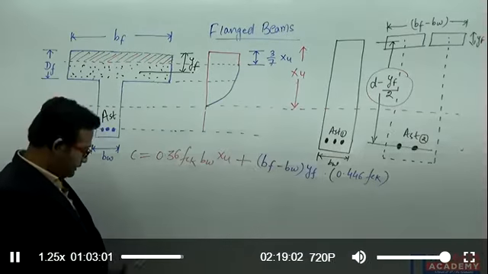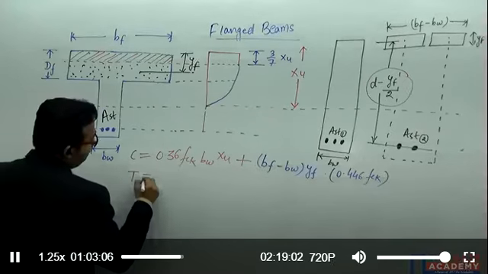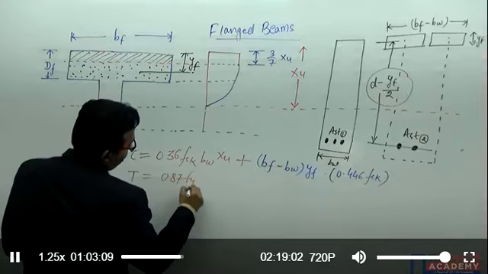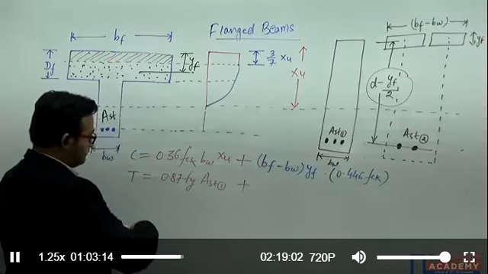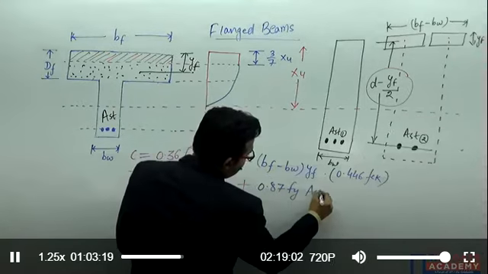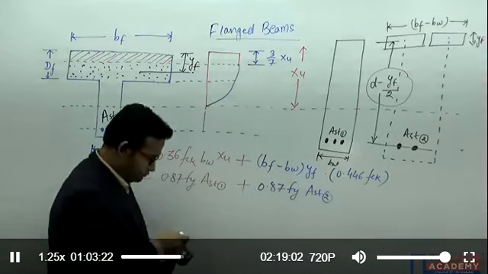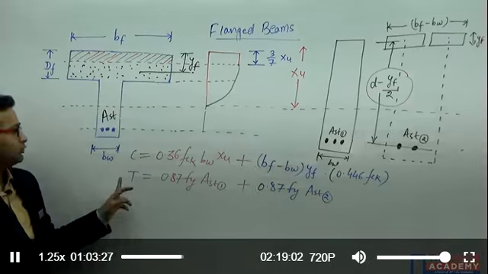Right? The total tensile force also I can write here, and it is equal to T equal to 0.87 Fy ST1 plus 0.87 Fy ST2. Right? This is the total compressive force and the total tensile force.